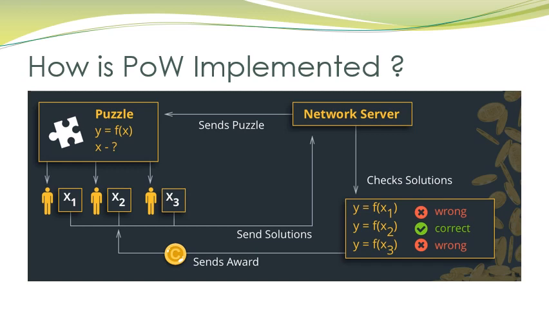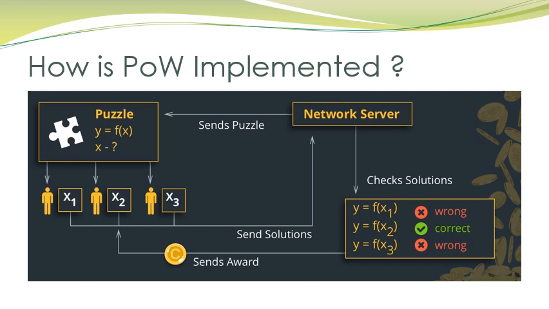So in the previous session we have seen this diagram. We have studied how the proof of work mechanism is implemented. So there is a network server. The network server has the main role. The network server gives the puzzle to the miners, and controls the complexity of the puzzle depending on the network load.